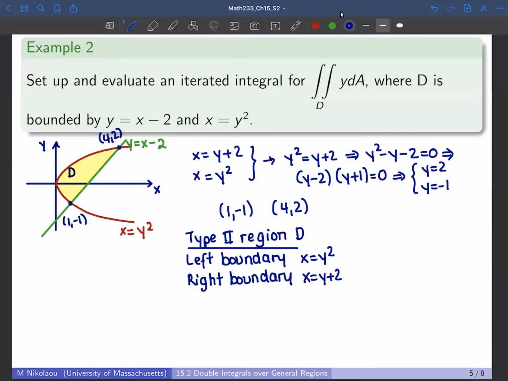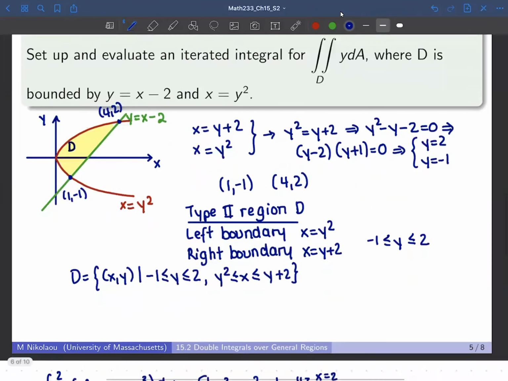And this all happens while negative 1 is less than or equal to y, and y is less than or equal to 2. So we have the region D, that is the set of all points (x, y) such that negative 1 is less than or equal to y, less than or equal to 2, and x is between the two curves y squared and y plus 2. So y squared is less than or equal to x, and x is less than or equal to y plus 2.